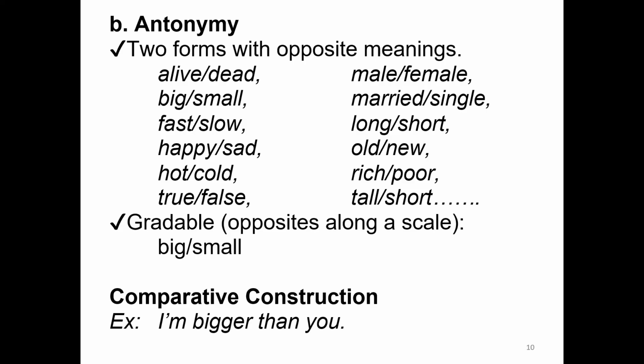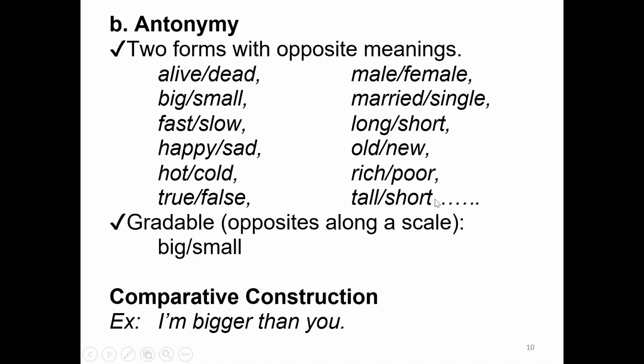Okay, so you can now define antonymy as two forms with opposite meanings. So the opposite of alive is dead, big is small, fast, slow, happy, sad, hot, cold, true, false. Okay, and male, female here. Married, single, short, long, old, new, rich, poor, tall, and short.